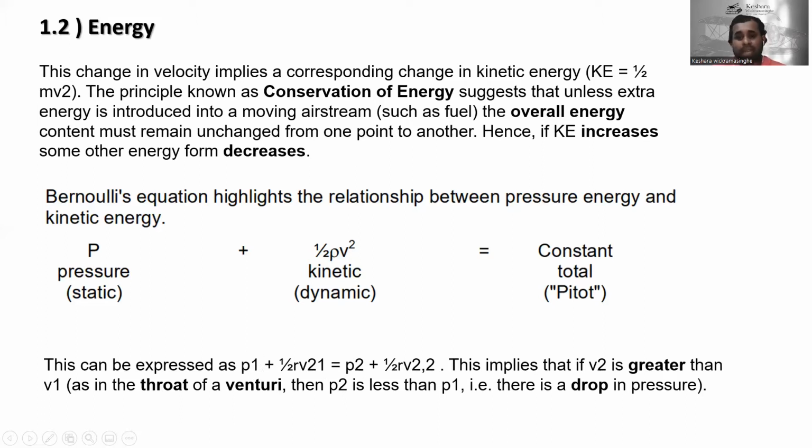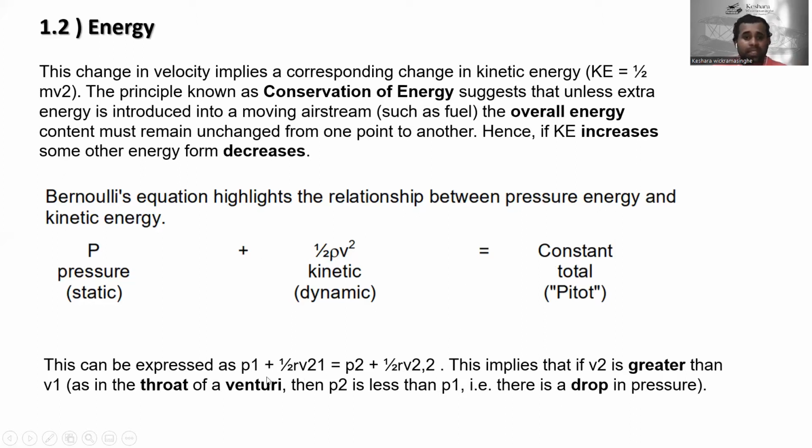Just remember the relationship: there is a drop in pressure. The pressure plus kinetic energy is a constant, so if there is a decrease in one, there must be an increase in the other.